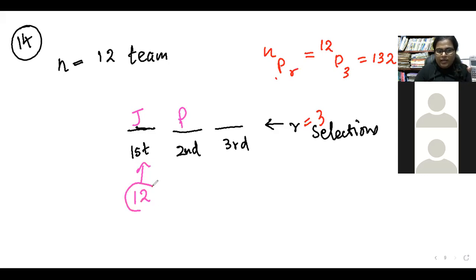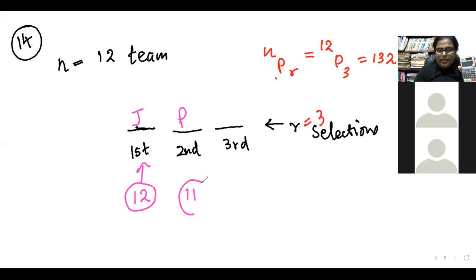After we allocate first place, then how many teams are there for the competition for second place? There are 11 teams competing for second place.